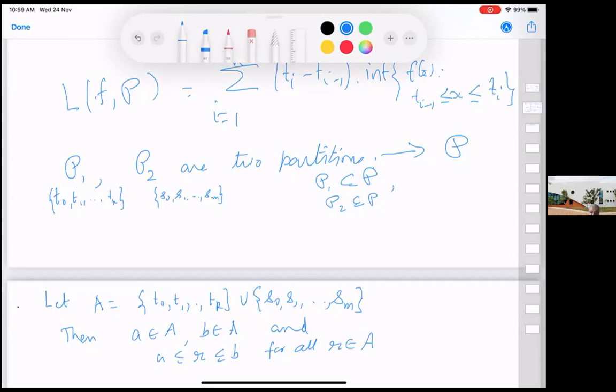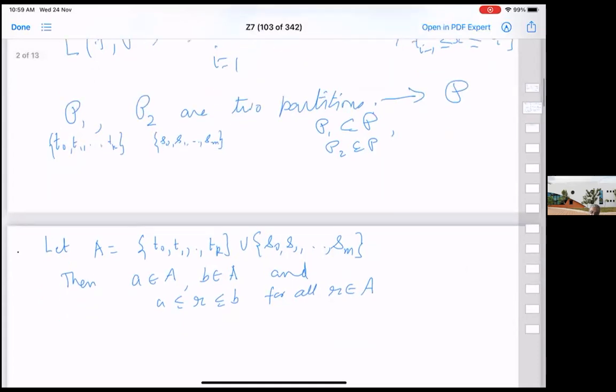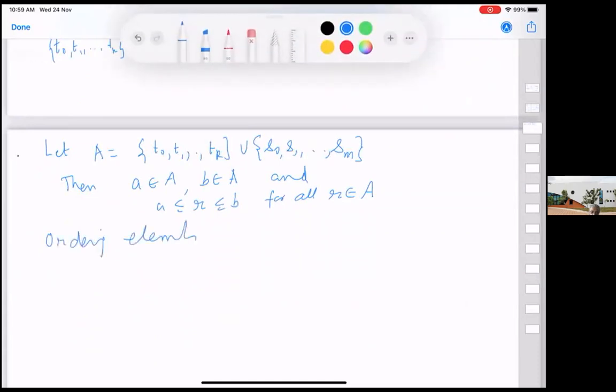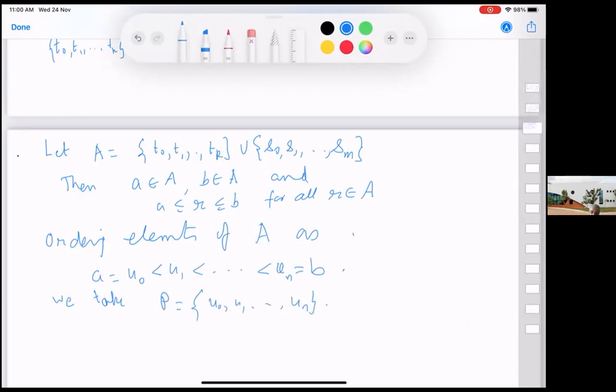So we get that A is a finite set, and lowest point is there, highest point is there, and in between everything is between A and B. Okay, so let me take some other variable N. And now we take the refined partition as just the sum of these elements. Okay.